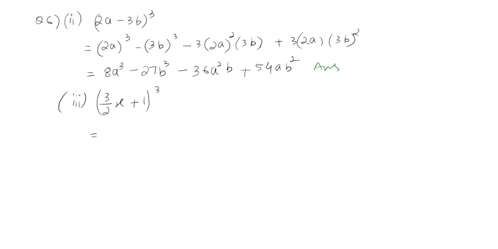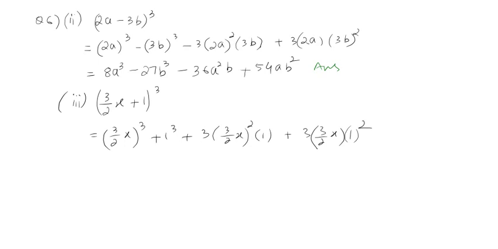So (3 upon 2x) cube plus 1 cube plus 3 a square b plus 3 a b square. b square is 1, so we'll write 1 square, no problem.